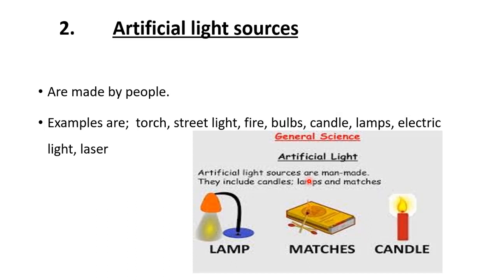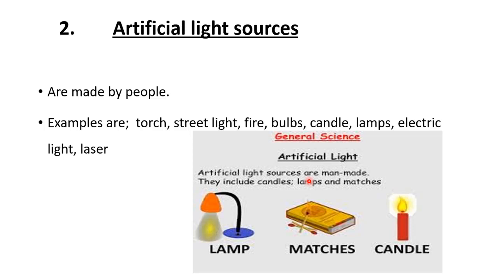So another group of light sources is called the group of artificial light sources. Artificial light sources are light sources made by people. All these sources are man-made.